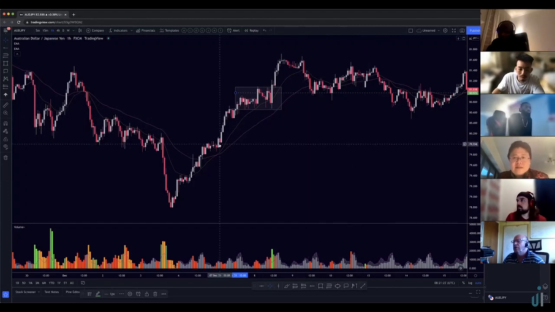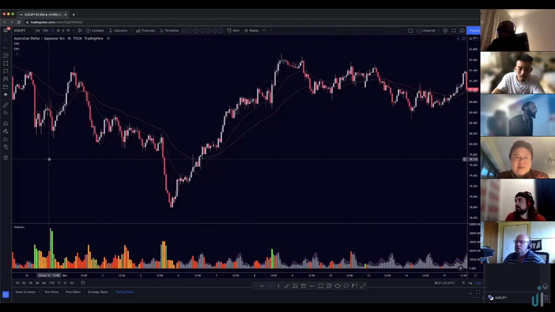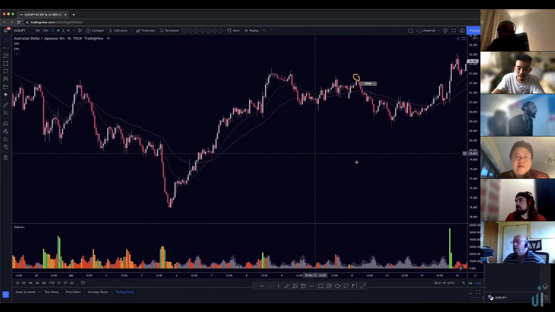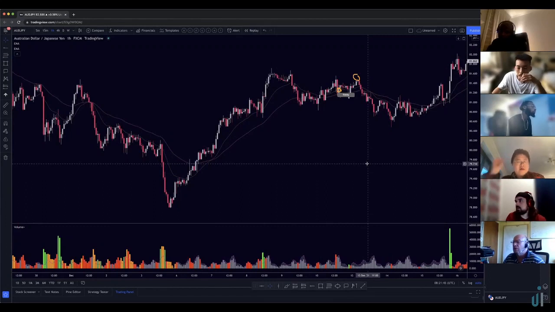I was following one with Naveen on this one, and he was attempting a sell from here. No, it was later. It was like over here. Sorry, in this little zone. And that was kind of what I was doing.